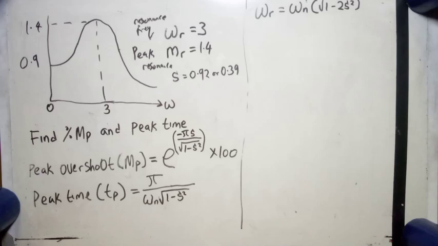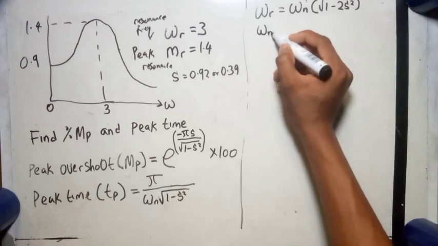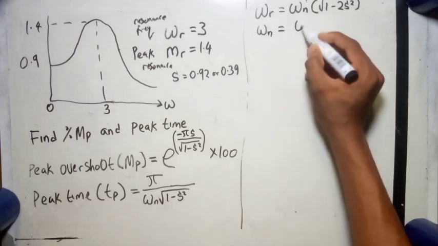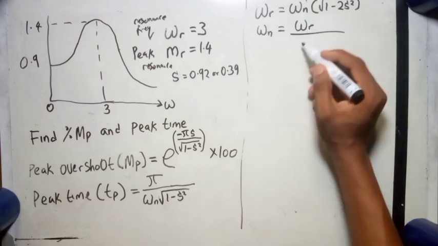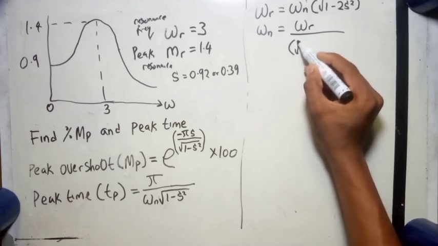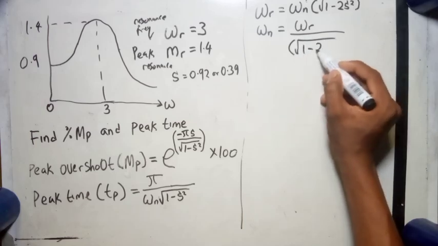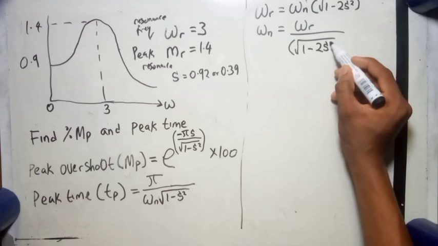Right? Okay, now our aim is to get Wn, so we can just say Wn is going to be Wr over the root of 1 minus 2 zeta square.